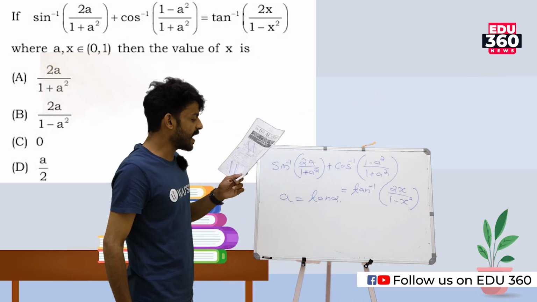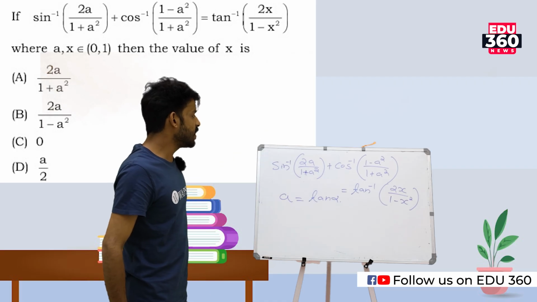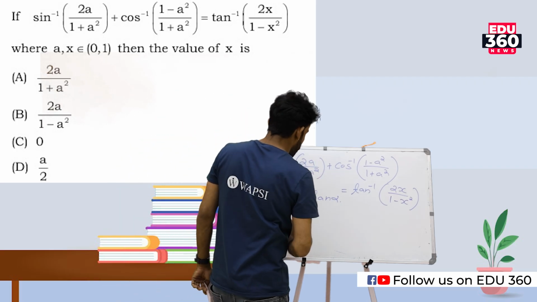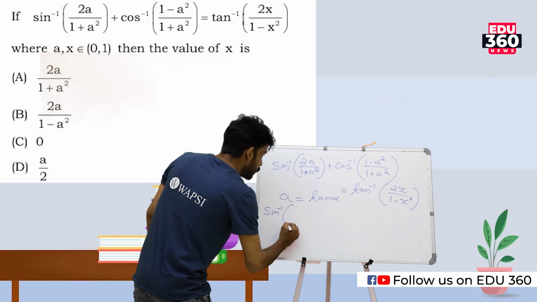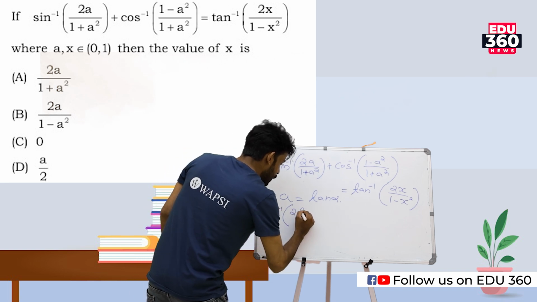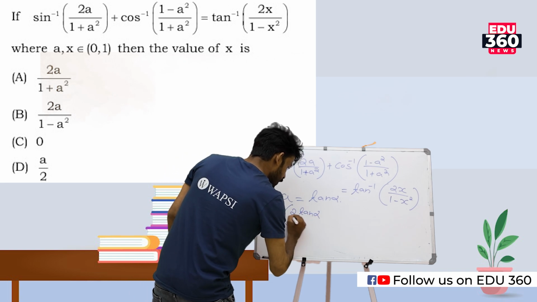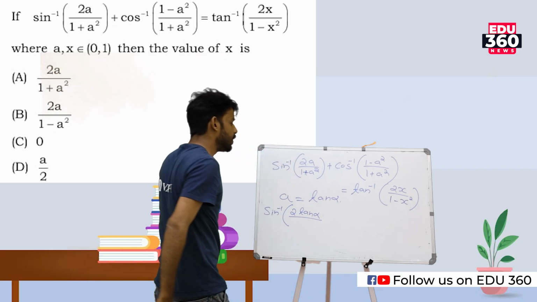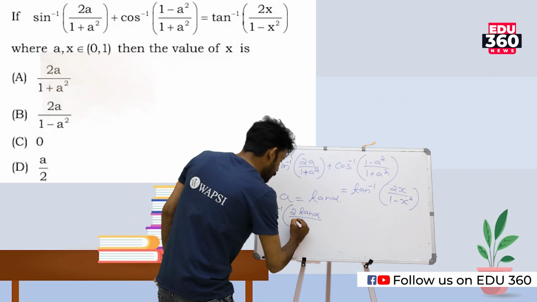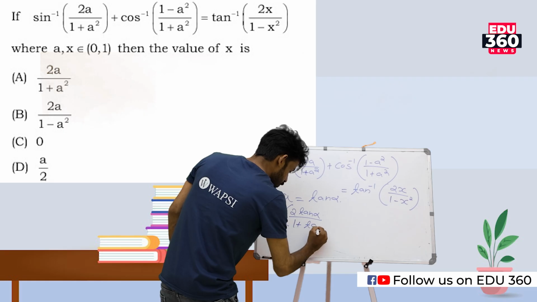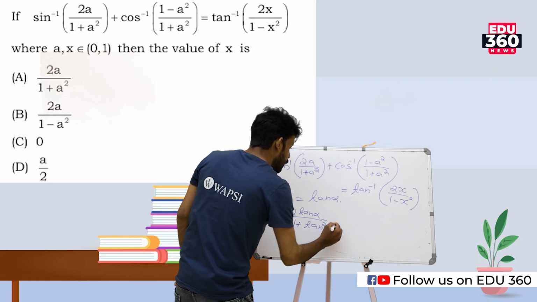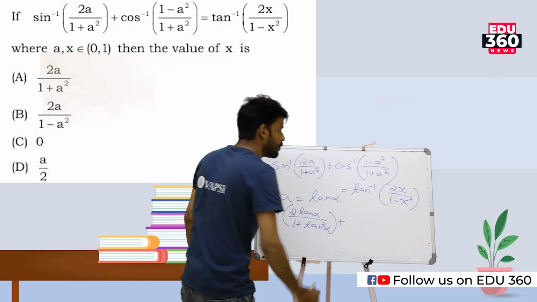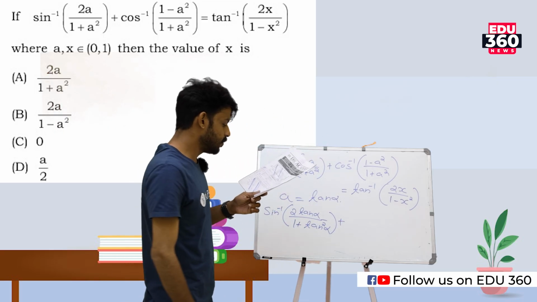Now look here, sine inverse: first of all, we can consider this. That is sine inverse of 2 tan alpha divided by 1 plus tan square alpha, plus cos inverse.